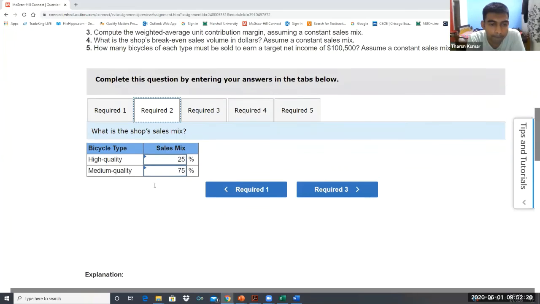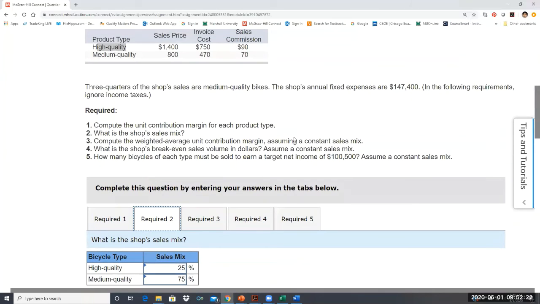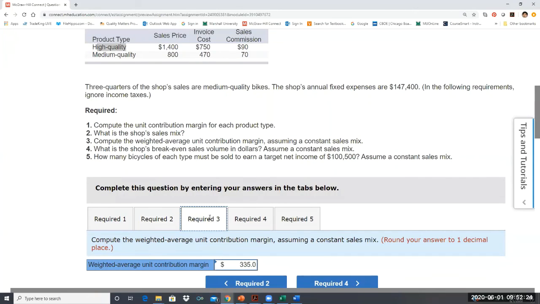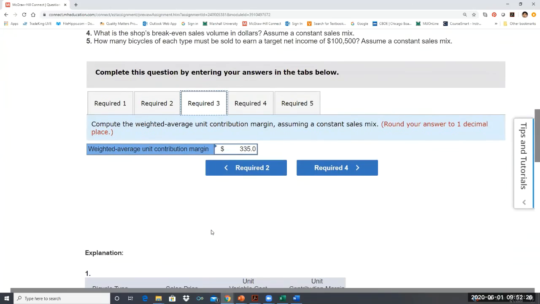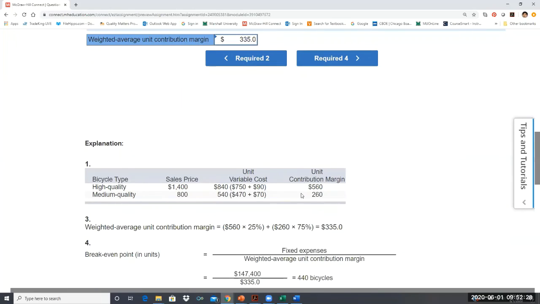Yes, sir. In the third part, compute the weighted contribution margin. Once you have the weights and the contribution margin of each one, take 25% of 560, which is the high quality bike, and 75% of 260, which is the medium quality bike.